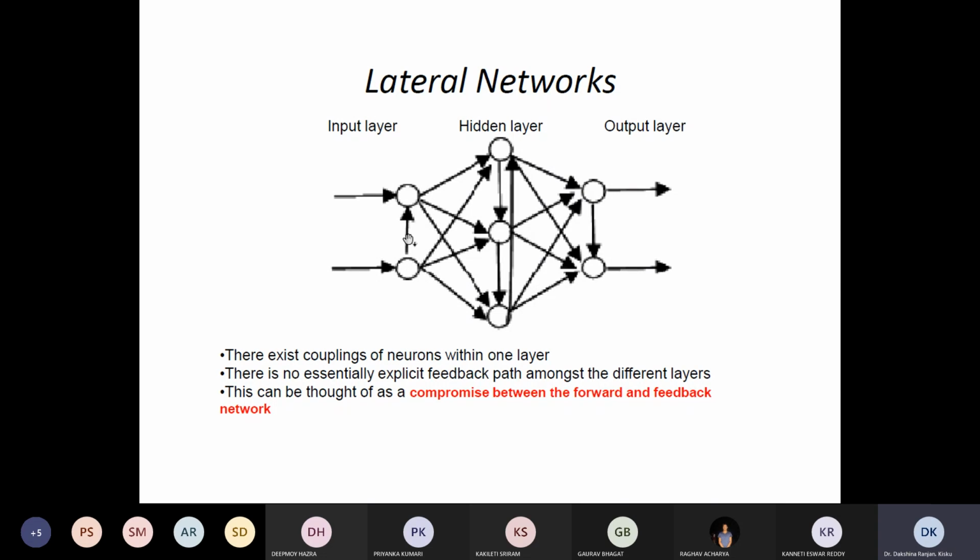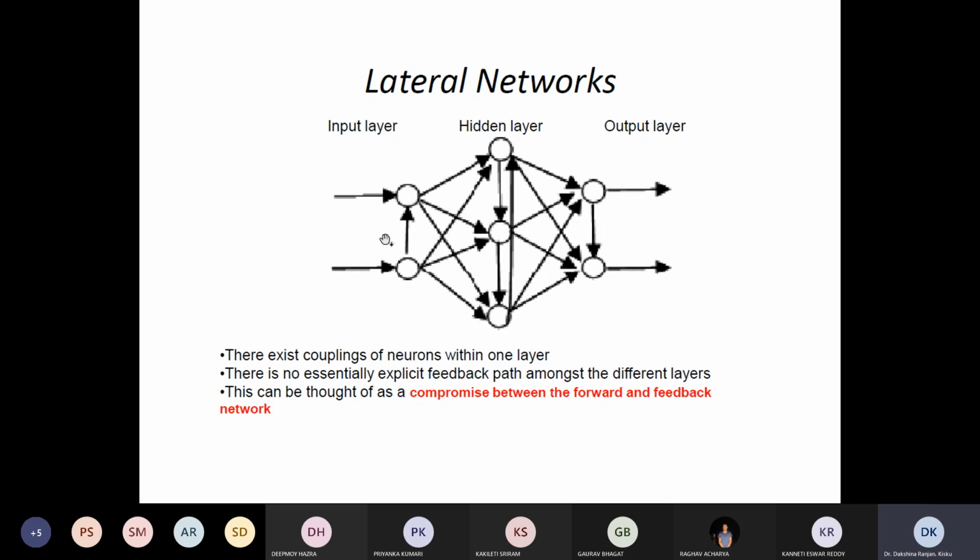If I consider the hidden layer, we can see that there are three neurons in the hidden layer, and the connections between the neurons in the hidden layer are directed. Similar to the input layer and hidden layer, the neurons in the output layer are also connected, from one neuron to another neuron.